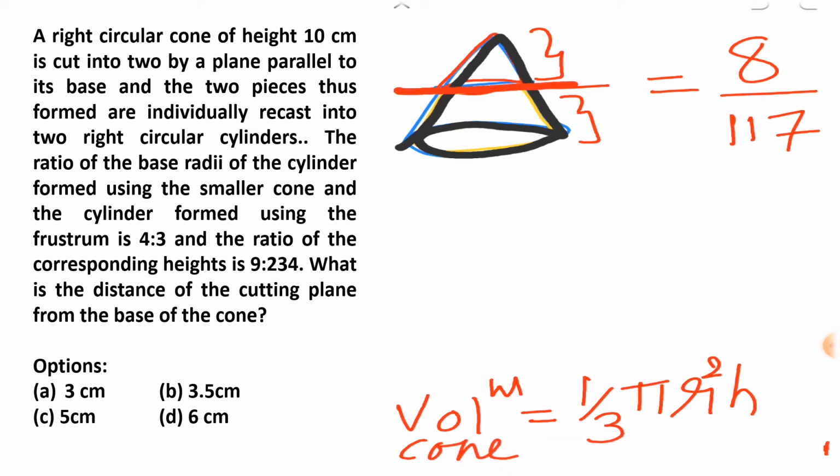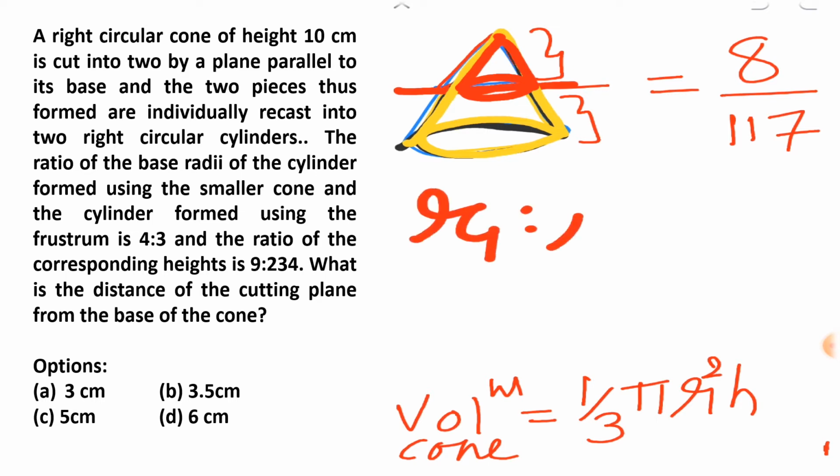When this kind of situation is there, then the two cones that we can see in the figure, one is the original cone that we have, and the second, after the cut, we have the smaller cone as well. This is the smaller cone that we have. In this case, it will always be R1 is to R2 equal to H1 is to H2.